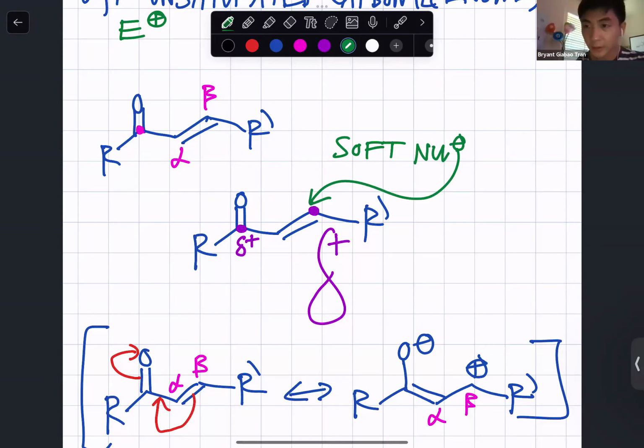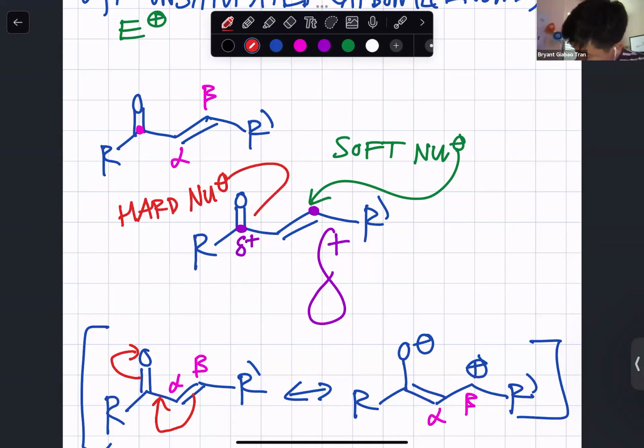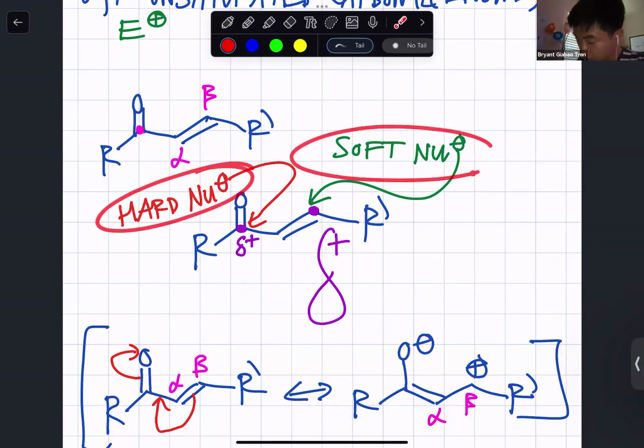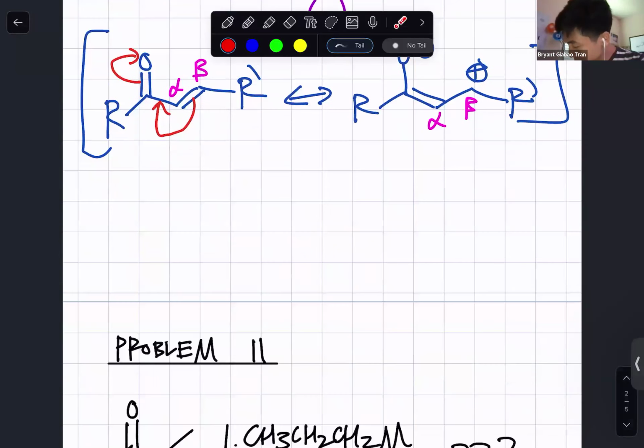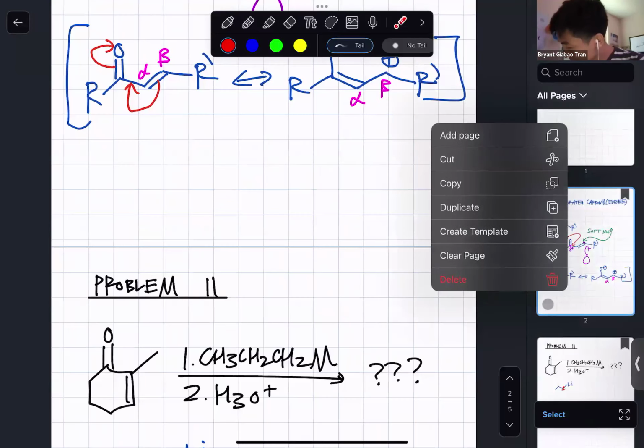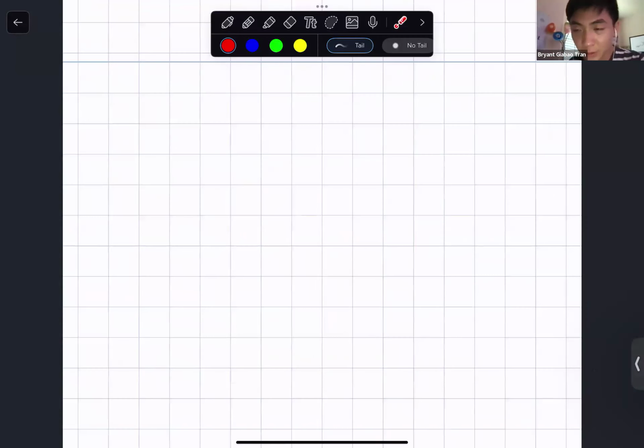When you have a hard nucleophile, you attack the carbonyl carbon. There are fewer hard nucleophiles than soft ones. Soft nucleophiles are like every nucleophile you know of. There are only about 2 hard nucleophile types I want you to know. So let's make a list. Just memorize the hard nucleophiles, and everything else will be soft.